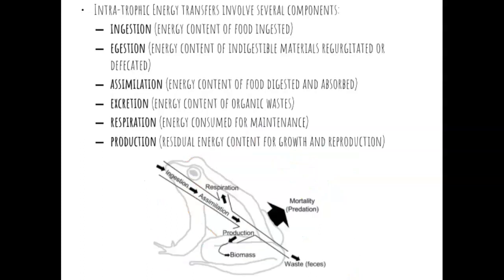So intratrophic energy transfers involve a few different components. So ingestion, which is eating food, this is the energy content of your ingested food. Egestion is the energy content of indigestible materials that are regurgitated or defecated. So this is food matter that still has caloric value that was not absorbed by your body and gets released from your body through your feces.